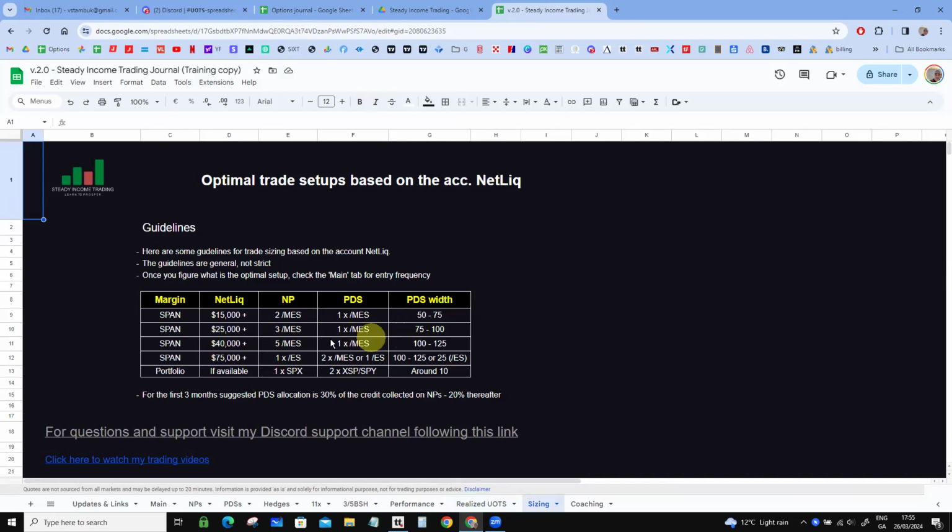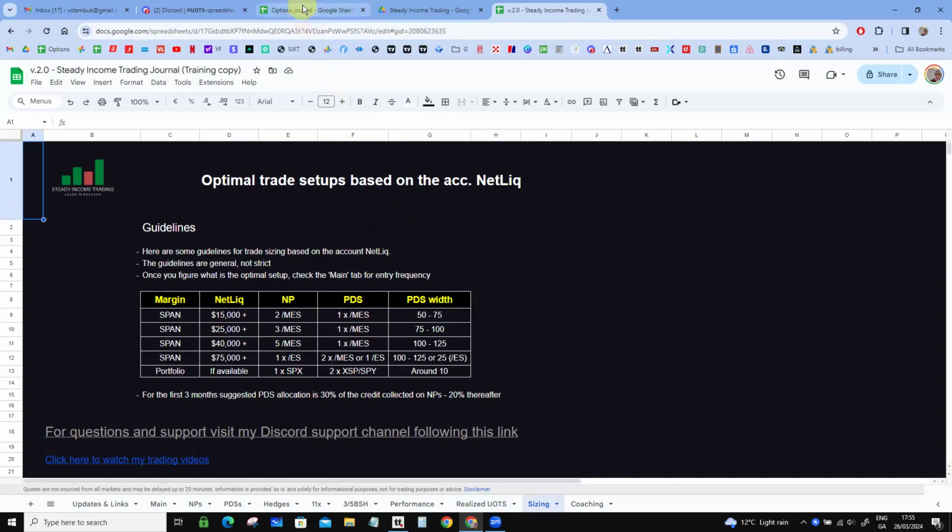Okay, you have a $30,000 account. Maybe you can look into doing three MES naked puts at a time, and then maybe one MES to do a put debit spread. But once you set it up in the platform, you can adjust it.